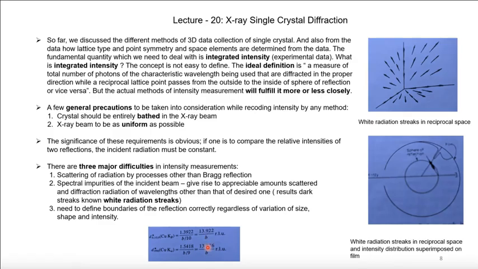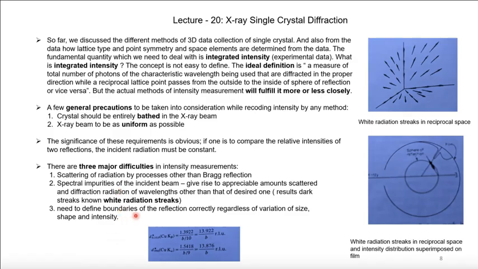You see, these two are very close, and therefore we might get some problem while analyzing our data. So to be sure that we do not have any beta radiation along with alpha radiation, or alpha 1, alpha 2, and K beta, all radiation being there, these we call spectral impurities. We have to be careful about spectral impurities.